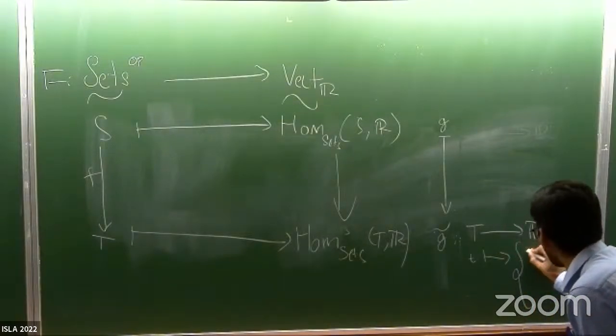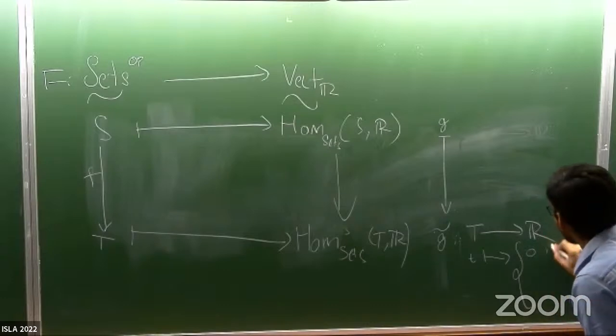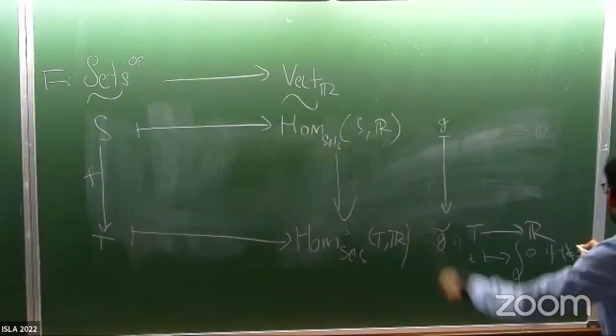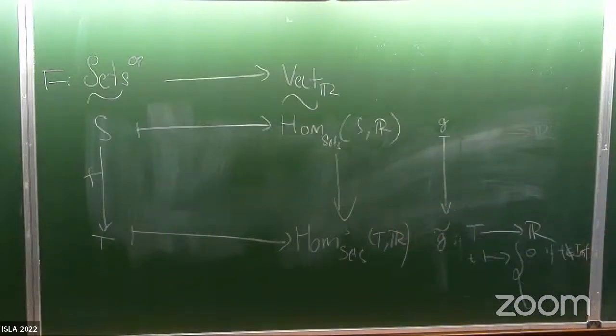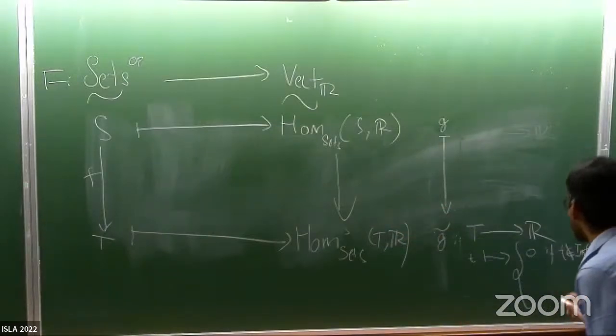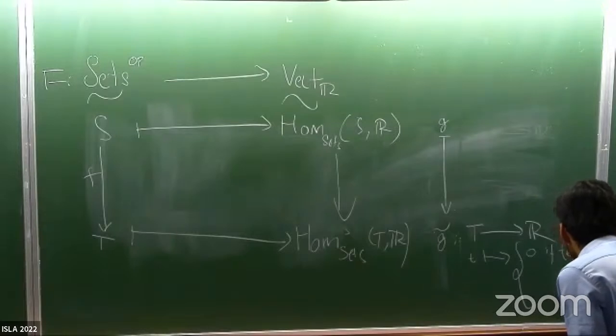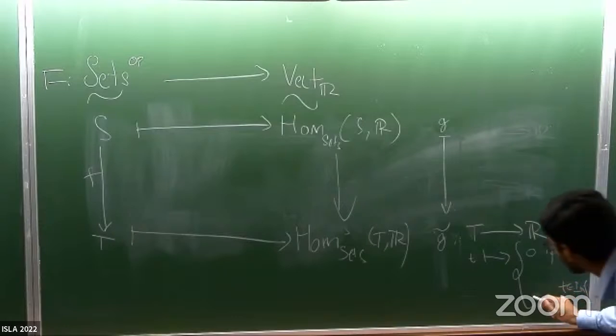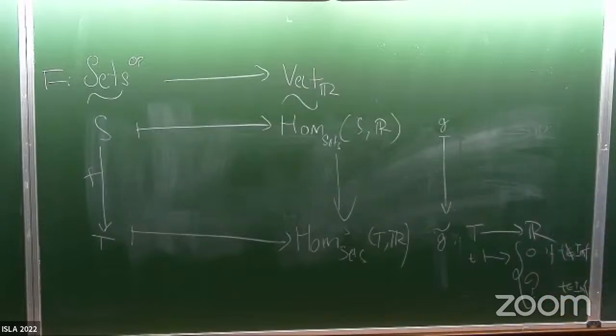You map to 0 if small t is not in the image of F. And when t is in the image of F, you do something different.